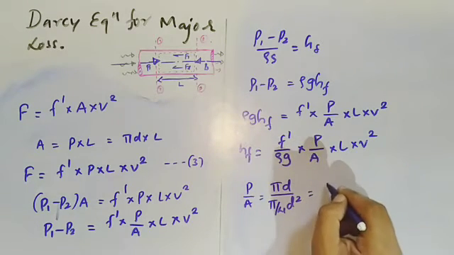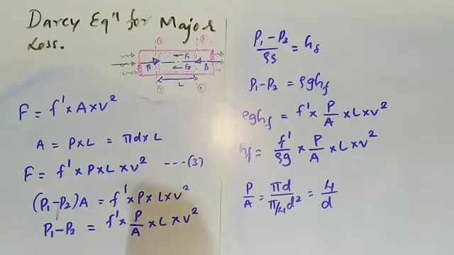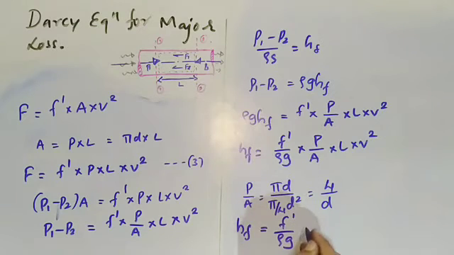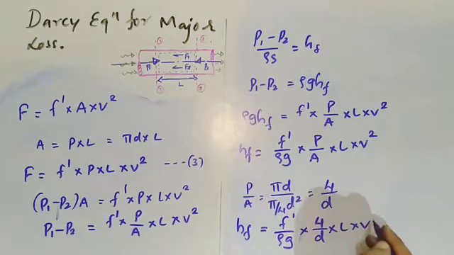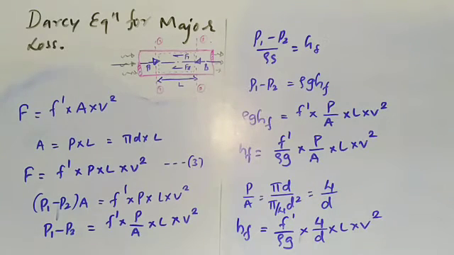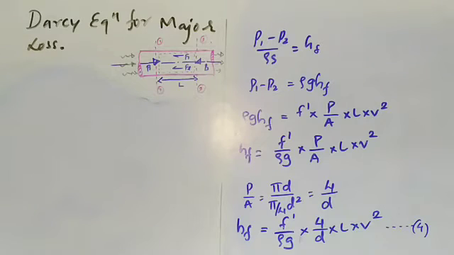If I simplify this, I will get 4 by D. Let us substitute this P by A as 4 by D, that is HF will be equal to F dash divided by rho g into 4 by D into L into V square. Okay, so let's take this as equation 4. Now I have got the HF equation.